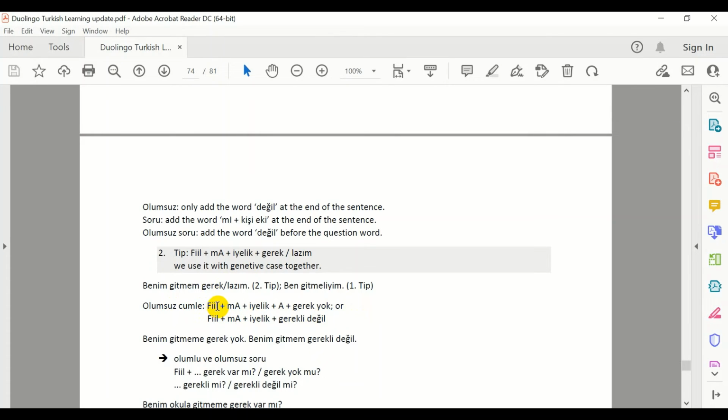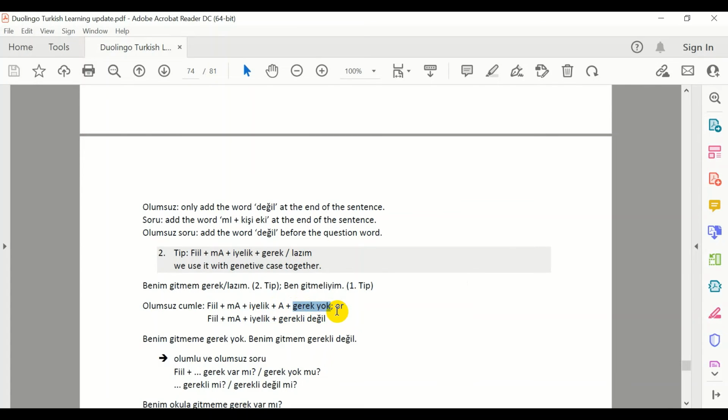First you have the verb, then the suffix ma or me, then personal ending, and after the personal ending you have either the letter e or a, considering the two-way vowel harmony, and then gerek yok. It is a special structure.